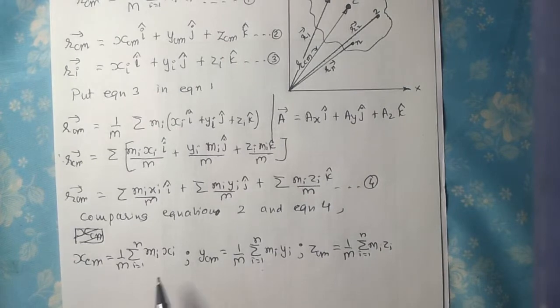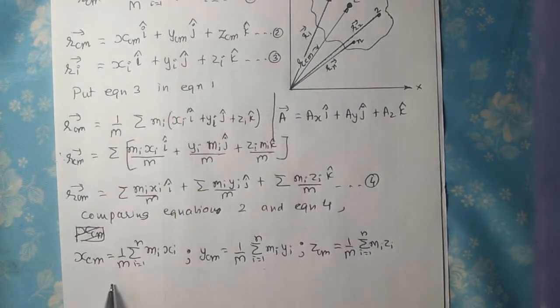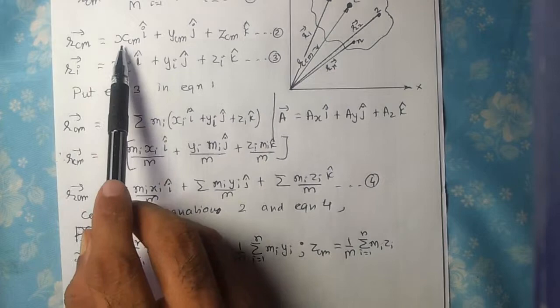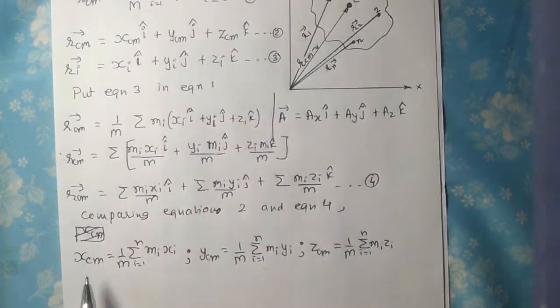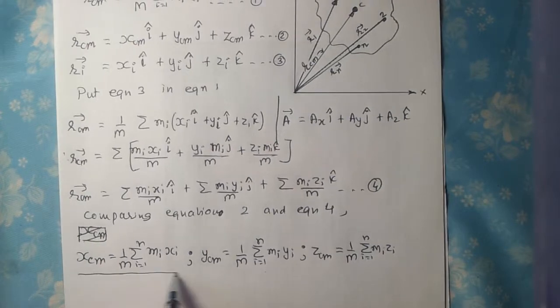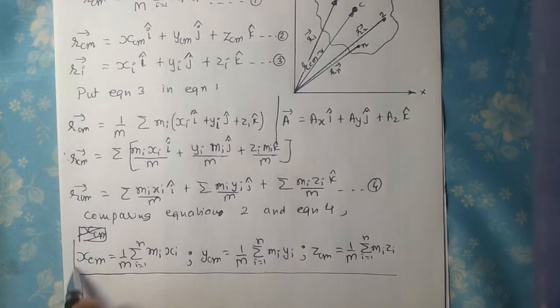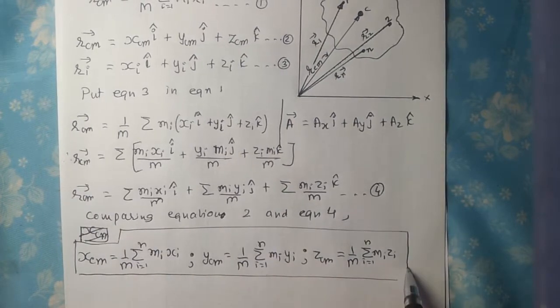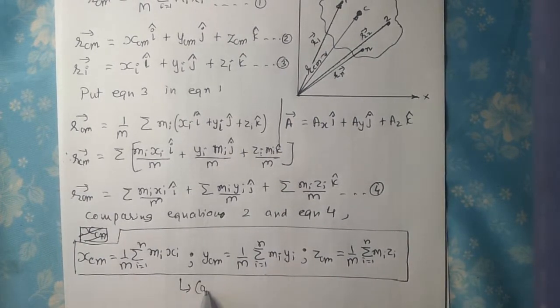Thus, I have obtained the Cartesian components of the center of mass. The Cartesian components of center of mass are XCM, YCM and ZCM, and I have obtained their values. So, we'll keep them in a block and say these are the Cartesian components.